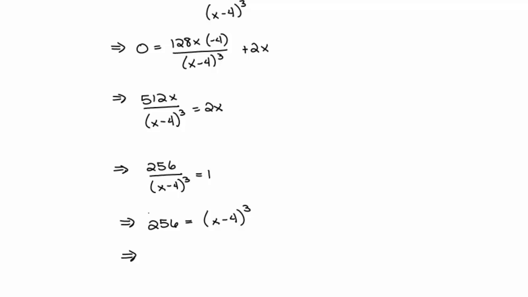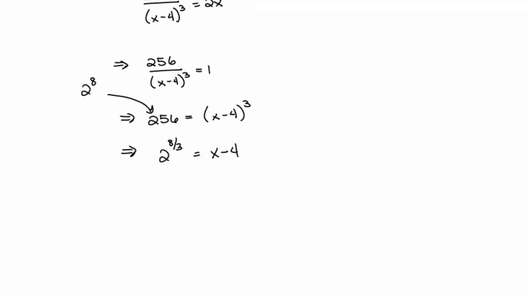And I happen to know, by the way, that 256 is 2 to the 8th. So when you take the cube root, you'll get 2 to the 8 thirds is equal to x minus 4. Or in other words, x is equal to 4 plus 2 to the 8 thirds. And you can actually simplify that even further if you want to, but I think that's pretty good.